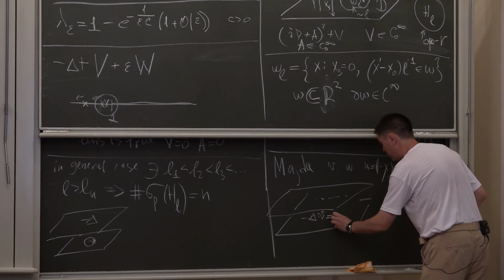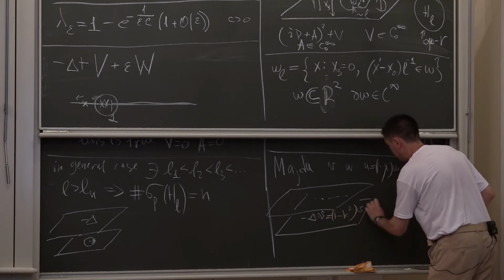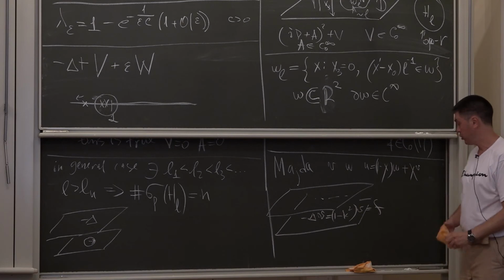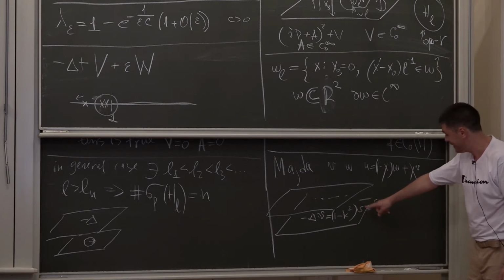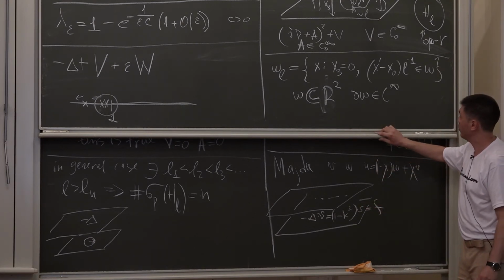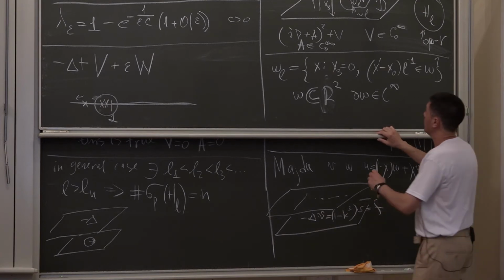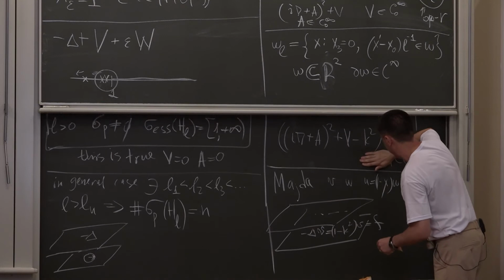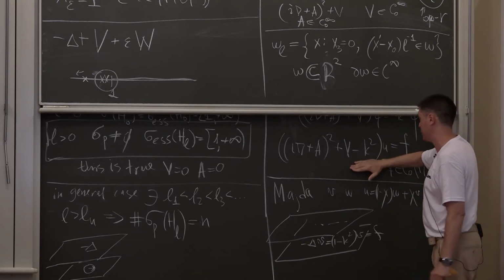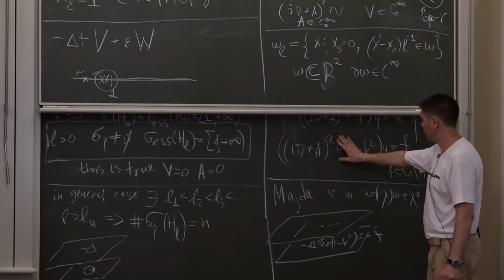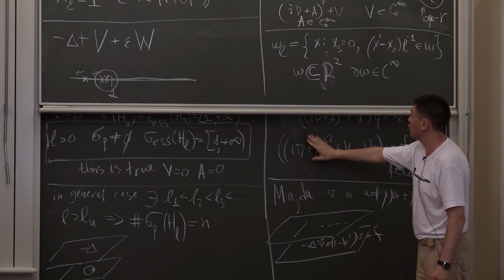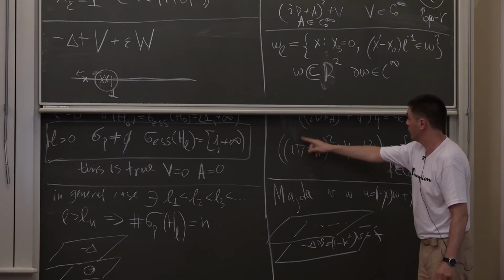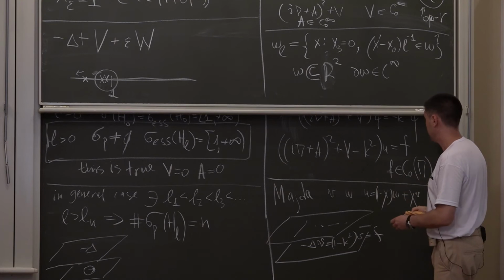So for v we choose an equation of such form. Actually, this equation comes from the following observation. If we need to study this equation for sufficiently large x, we don't have potential, we don't have magnetic field, we have just a Laplacian.